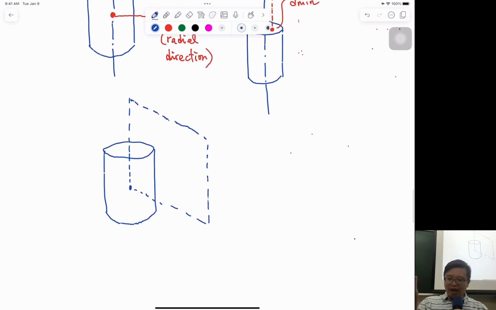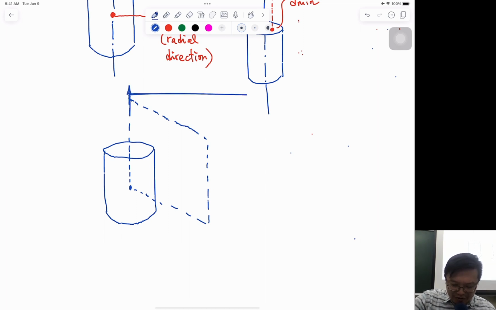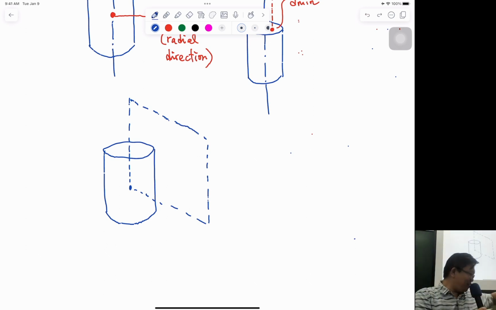I don't know. My hands are super conductive today. iPad believes my hands are the pen. So here's the, come on. No touching. Okay, let me use a book to protect the hand.